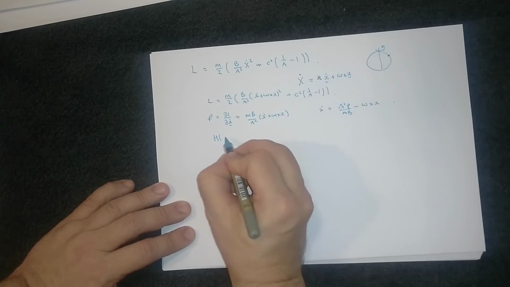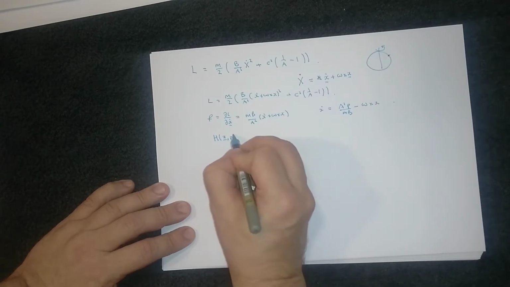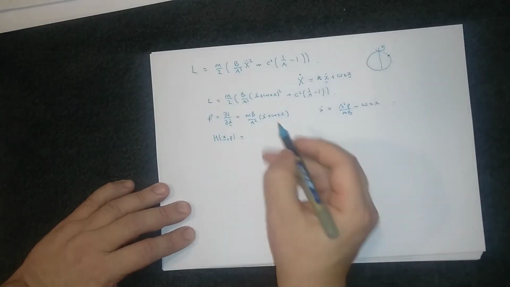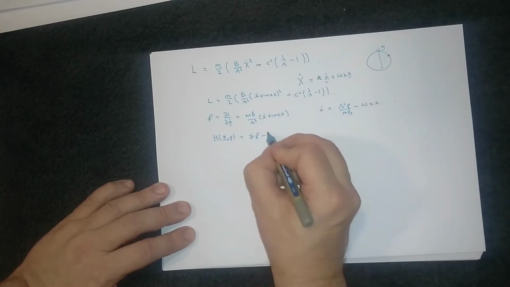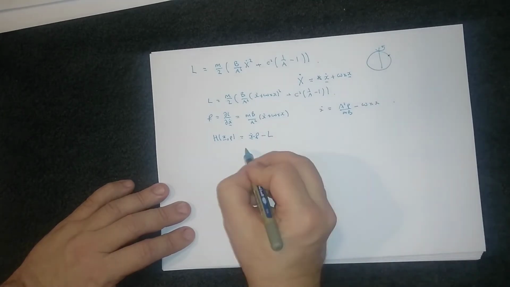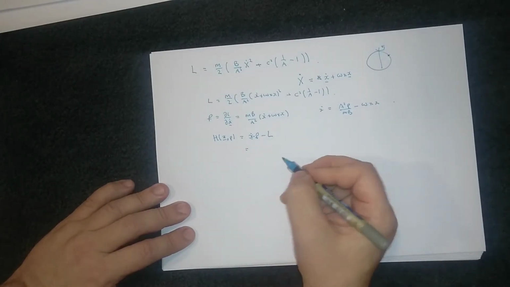The Hamiltonian is a function of x and p, and it's given by x dot dot p minus L. It's just a Legendre transformation.